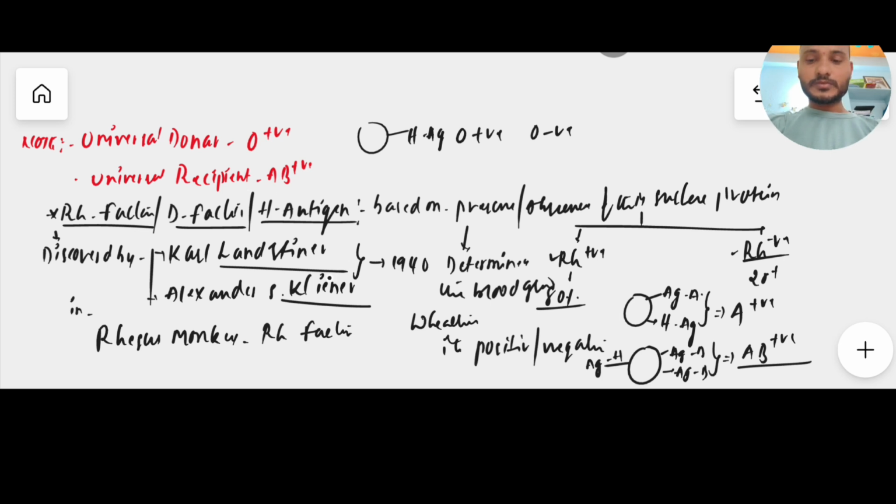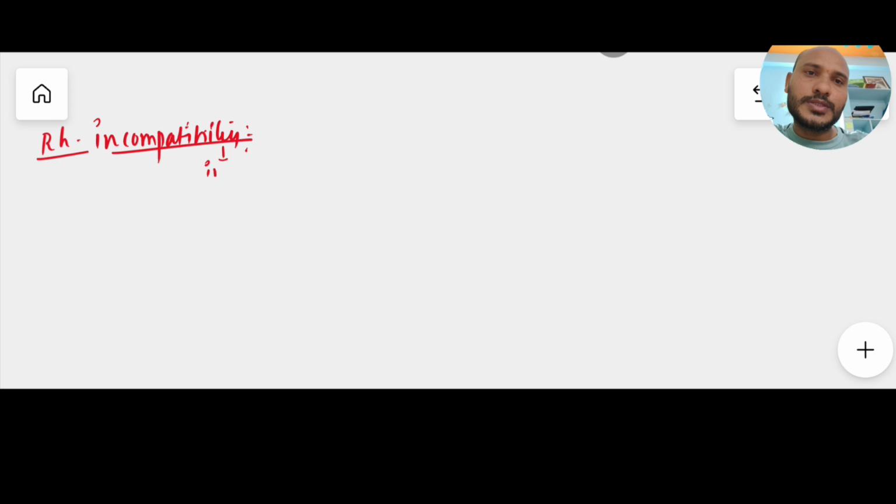Now a very important concept we will discuss here, that is RH incompatibility. In this, the mother has RH negative and the father carries RH positive blood group.